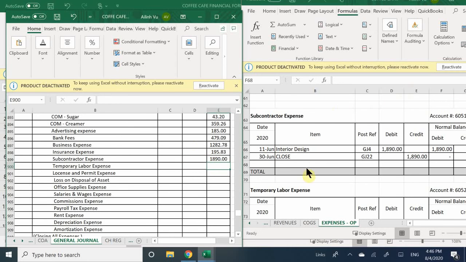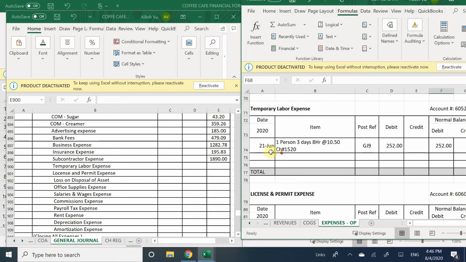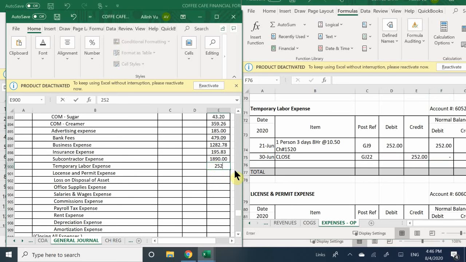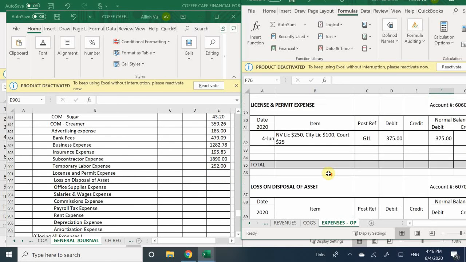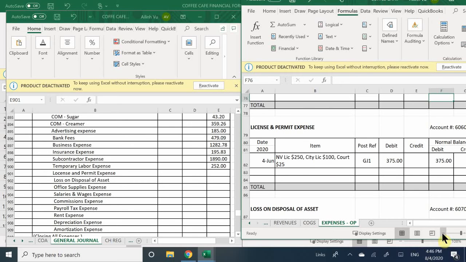And then for my temporary labor expense, I'm going to do the same thing. I'm going to credit it for $252. All right. Okay, I get another 0.